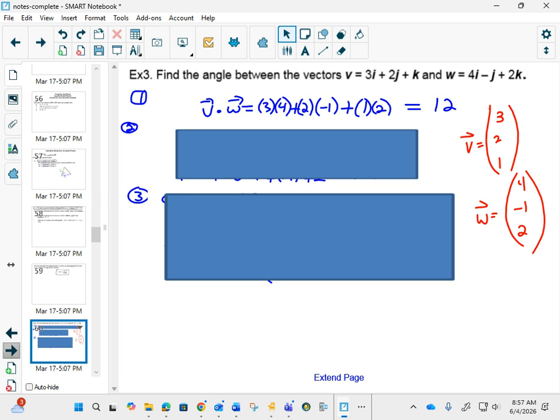So with the vector V, you imagine a vector starting at the origin and going to the point 3, 2, 1 somewhere in 3 dimensions. And then you have another vector W starting at the origin and going to the point 4, -1, 2.